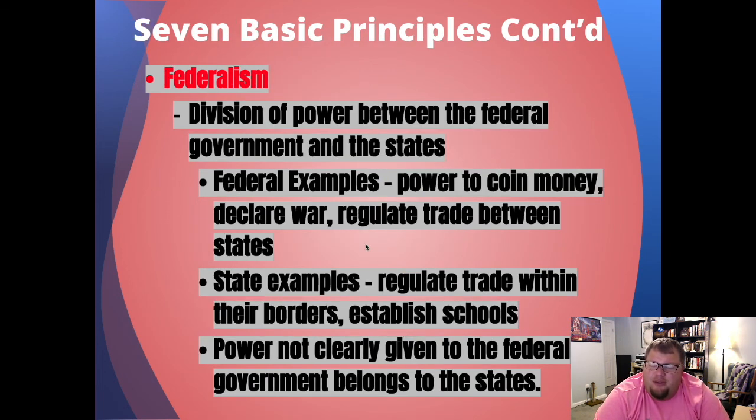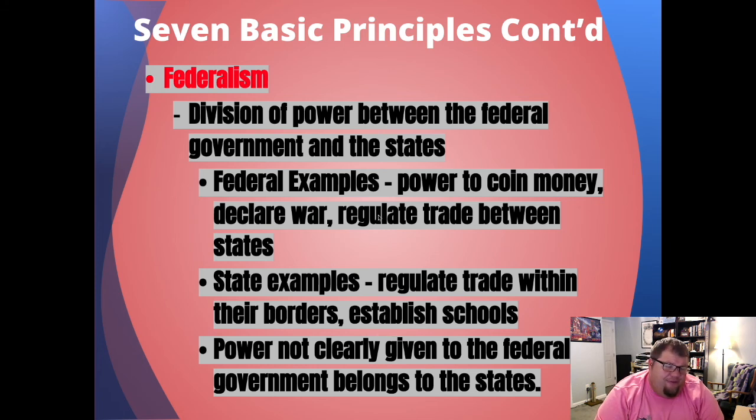Okay. Then there's federalism, and so it's division of power between the federal government and the states. And so you've got the federal power, then you got state power, then you got local government. Okay. And so examples of federal power are to coin money, declare war, and regulate trade between states. And then states regulate trade within borders.